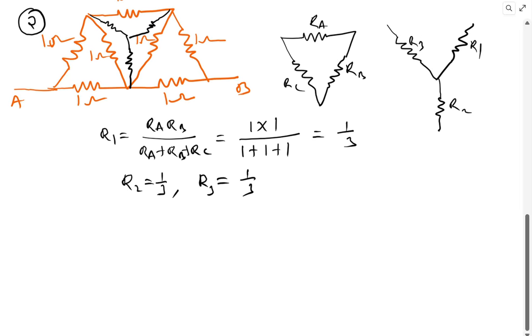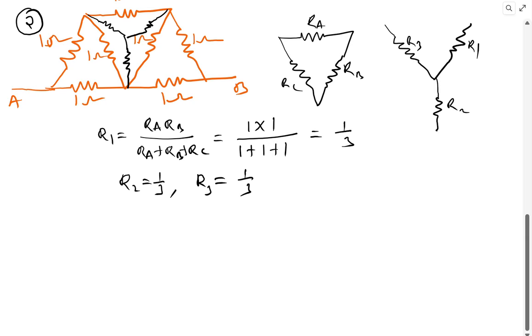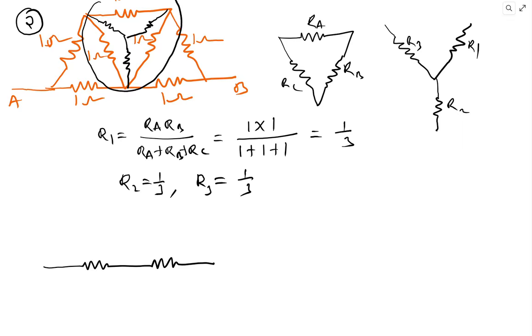Now what happens here? Once we got the values, this figure will now reduce to, so I'm drawing this one. That means these three resistors are now replaced by this one. That is, this 1 ohm and this 1 ohm will exist here. And now we are having like this.